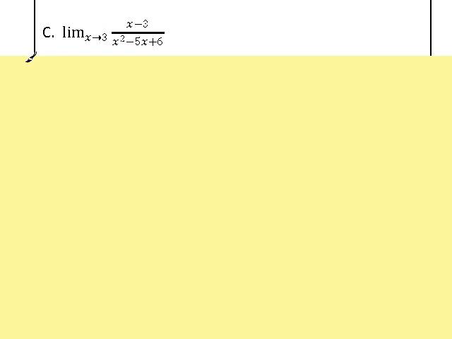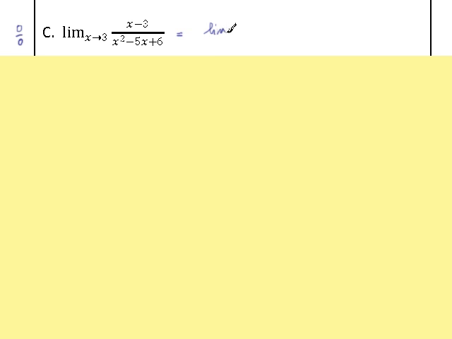In part C, we have another 0 over 0 limit. If we substitute 3 in the numerator, we get 0. And in the denominator as well, if you substitute in 3, we have 9 minus 15, that's a negative 6 plus 6, which is 0. So it's another 0 over 0 limit. So we're going to try to reduce like we did in the previous example.